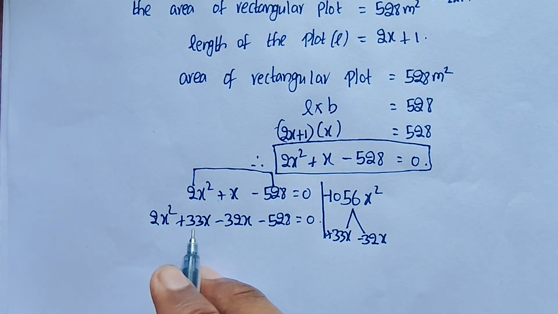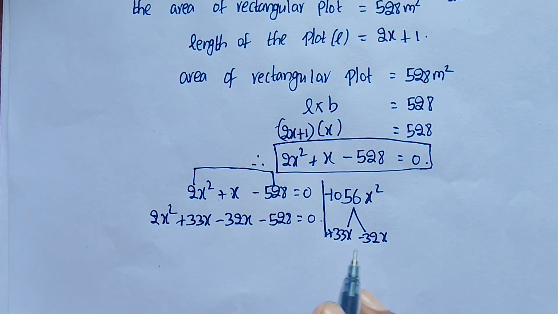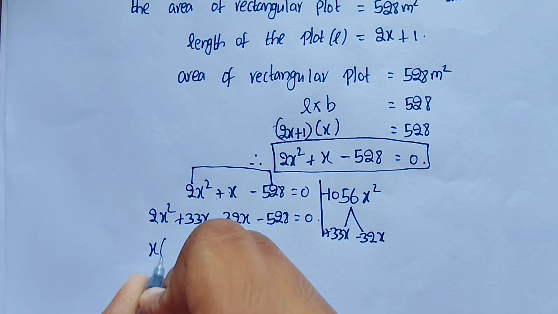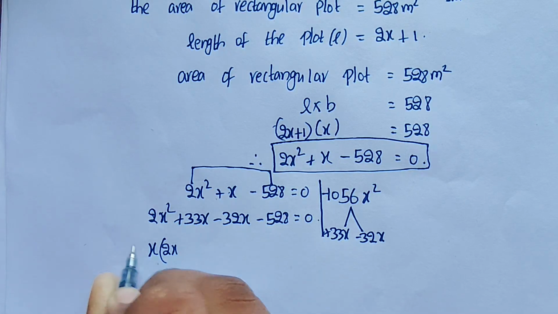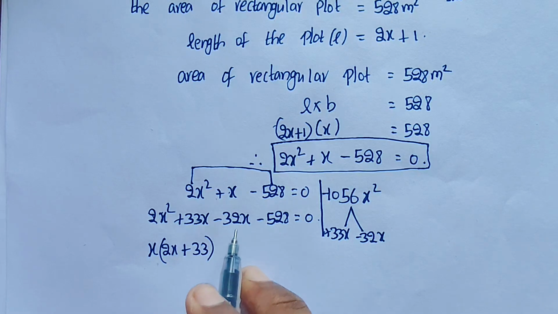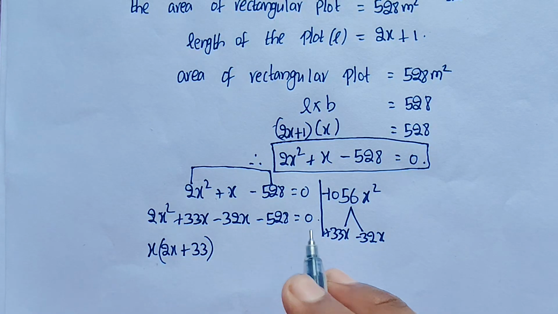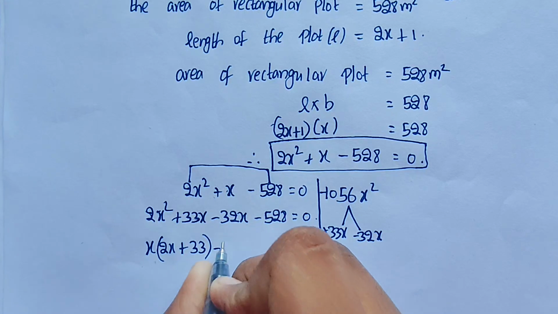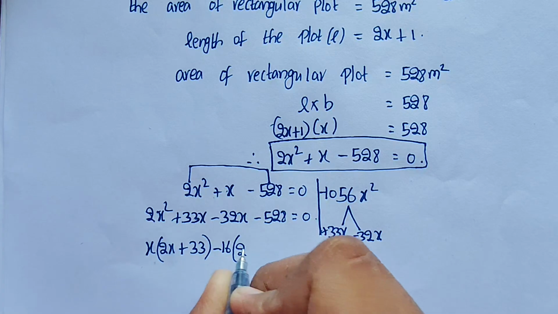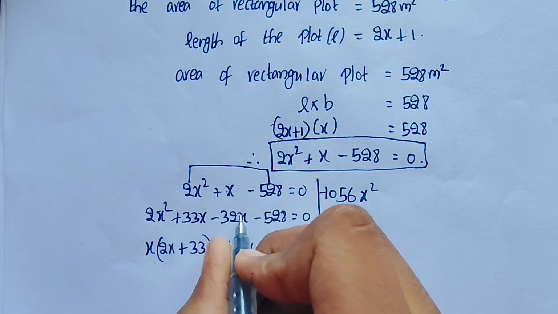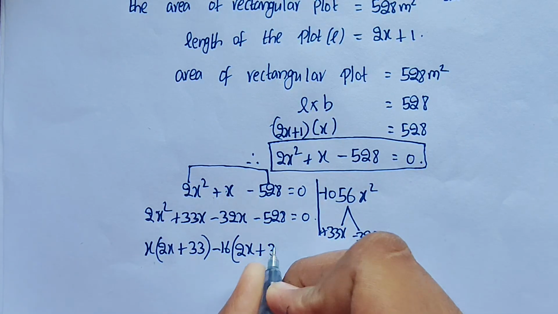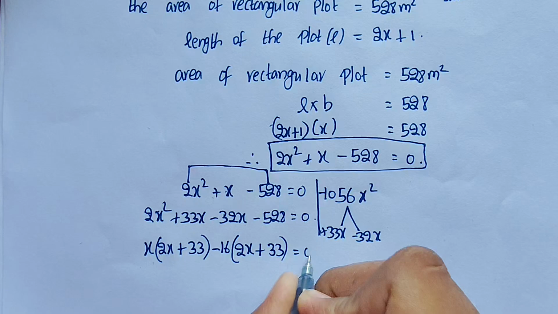Here in 2x squared and 33x, the common factor is x: x into 2x gives 2x squared, and x into 33 gives 33x. Now in minus 32x and minus 528, I am taking the common factor minus 16: minus 16 twos are 32, so minus 32x, and minus 16 into 33 is minus 528, equals 0.